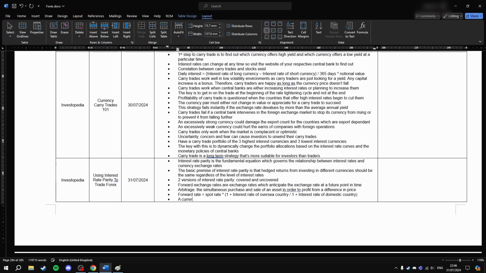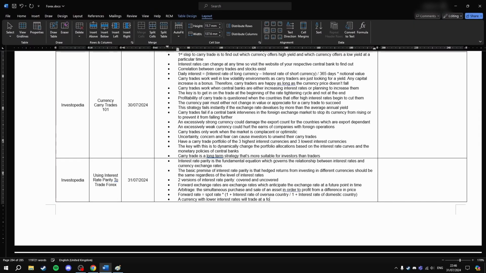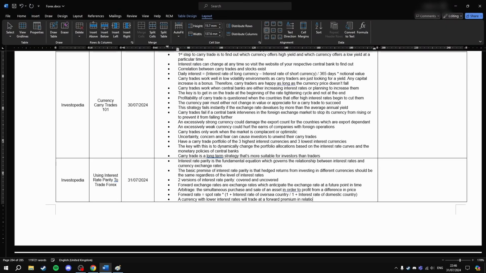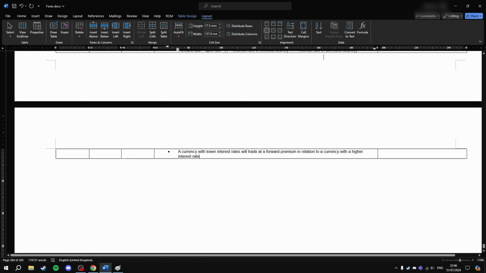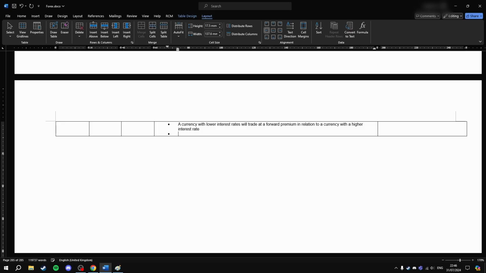A currency with lower interest rates will trade at a forward premium in relation to a currency with higher interest rates.